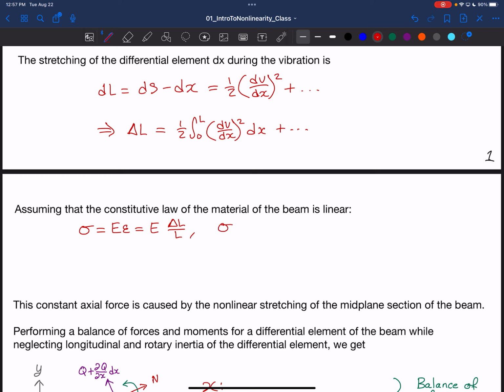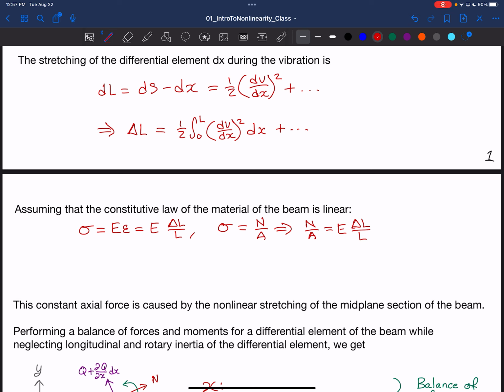We'll also recognize that the stress is equal to the normal force along the neutral axis divided by the cross-sectional area A. And from there we'll find that N over A is equal to E delta L over L.